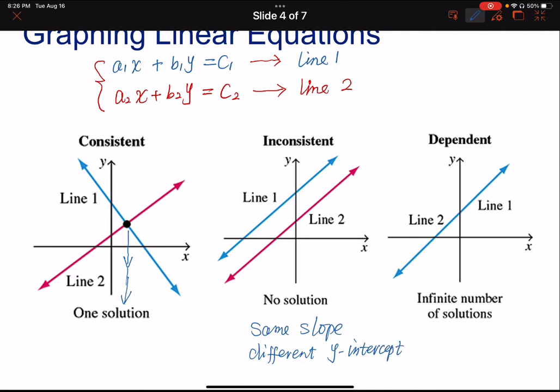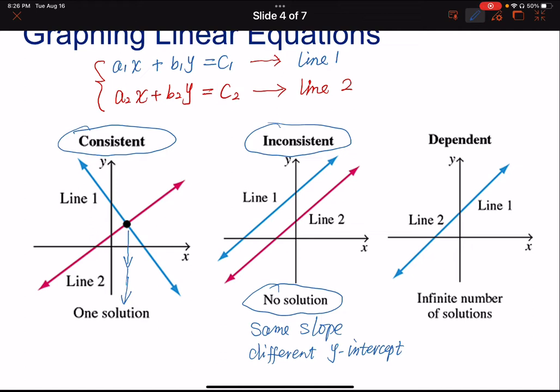Because the 2 lines do not intersect, you cannot find a common point on both lines. Therefore, there is no solution to the system, and the system is called inconsistent. By the way, in the first case, the system is called consistent. What if the 2 lines actually coincide?